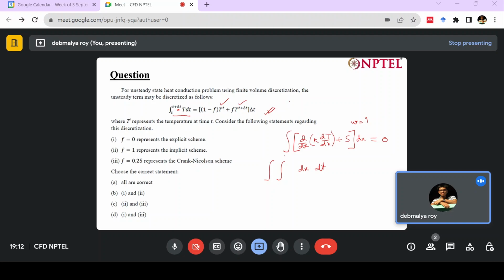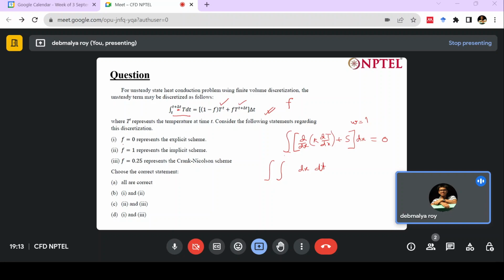And we have used this factor f in such a way that it represents the relative importance of the temperature at time t and temperature at time t plus delta t. Depending on the values of f, we would either focus more on the previous time step than the next time step, and vice versa.